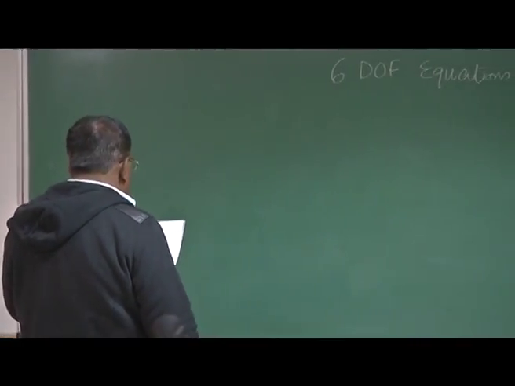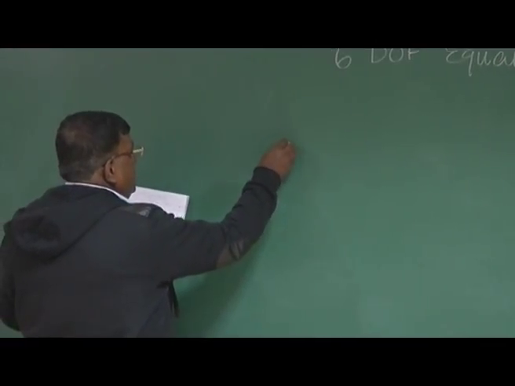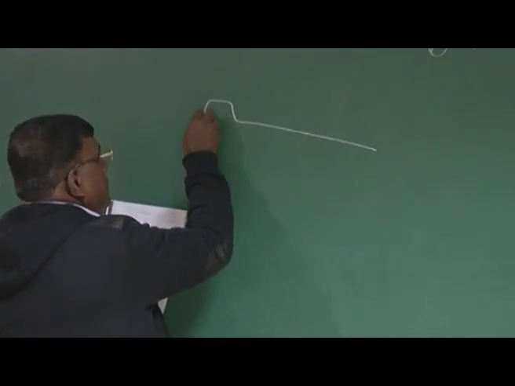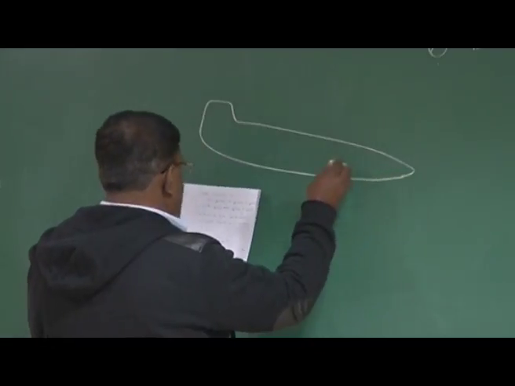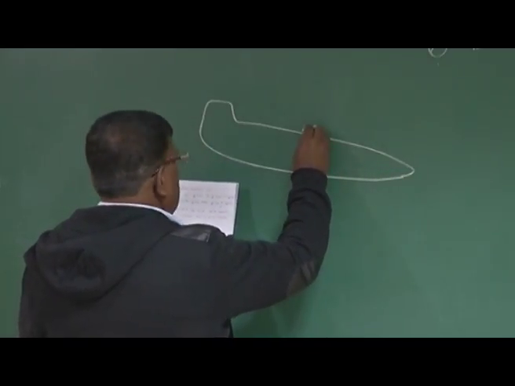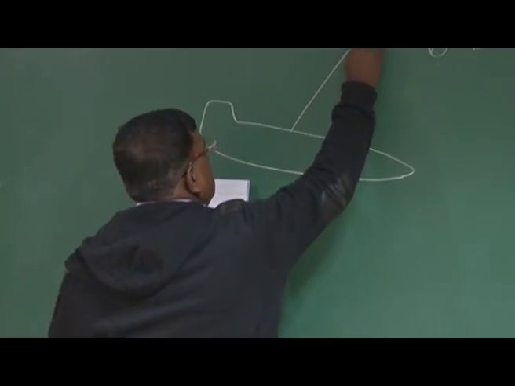Okay. So now let us do one thing. We draw an airplane. I always say whenever writing an expression, do not forget you are working for an airplane, so that insight should not be missed.